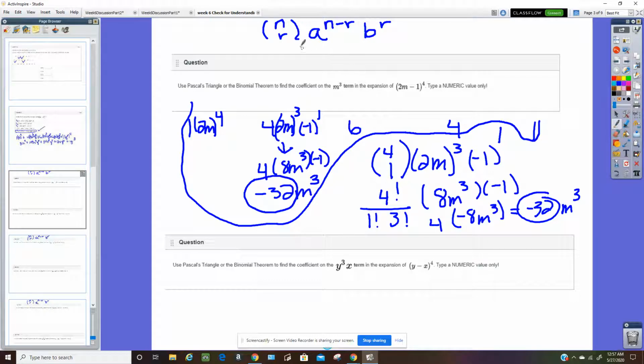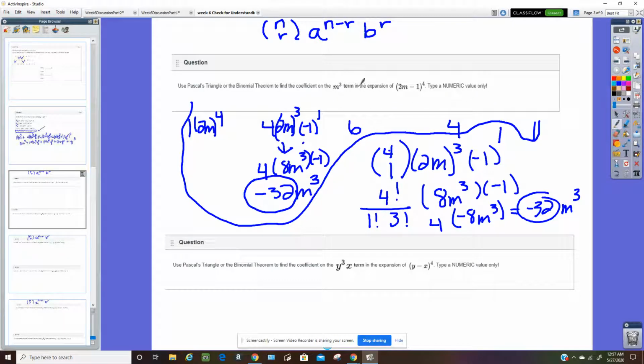Okay, and then the other way is use the combination method. I'm just trying to find one of the terms. Instead of expanding this all out, I just want to find one term where n is 4 and r is 1.